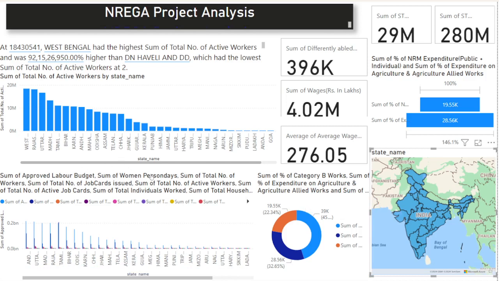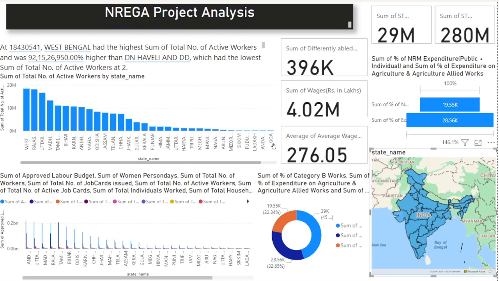These are the insights of the NREGA analysis. This is the average wage rate per day per person. These are the different districts we have.